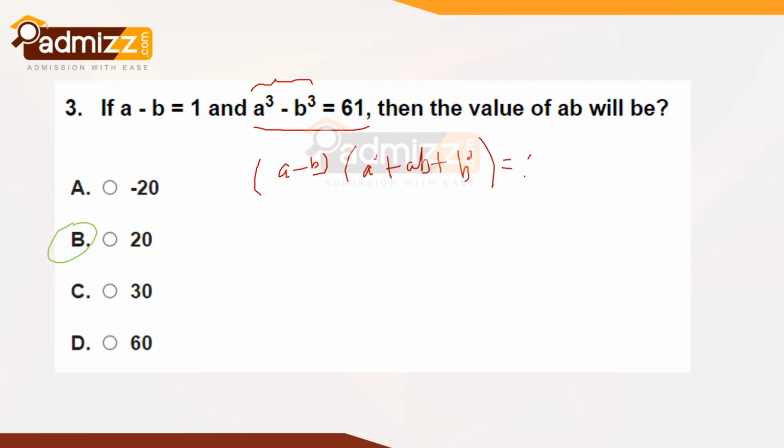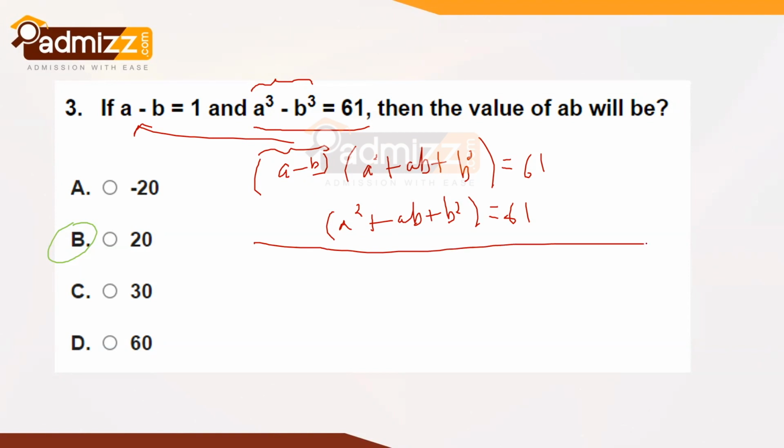And this is equal to 61. Now we know the value of A minus B, which is given as 1, right? So this comes out as A squared plus AB plus B squared equals 61, because A minus B is equal to 1. So with that done, we've completed the first part.